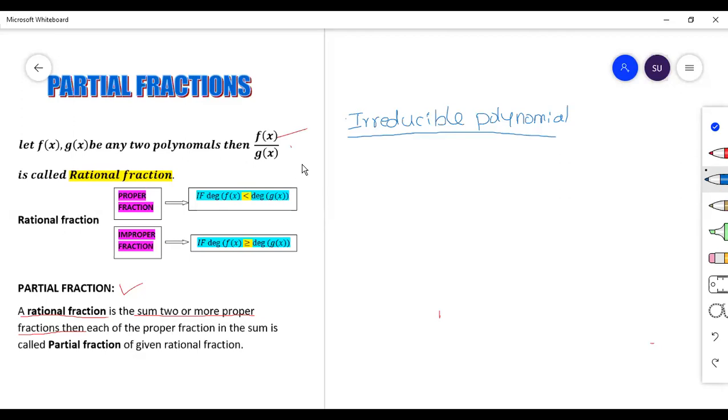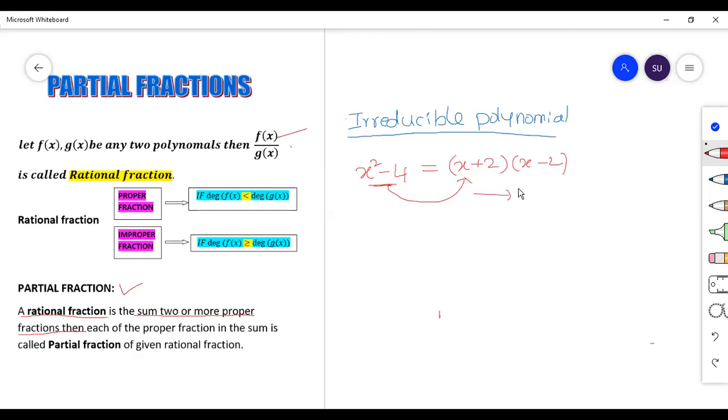For example, if I write x square minus 4, can we factorize or reduce it further into linear factors? Clearly we can, because this is nothing but x plus 2 into x minus 2. So we have reduced this polynomial into two linear factors, and that's why this is called reducible.